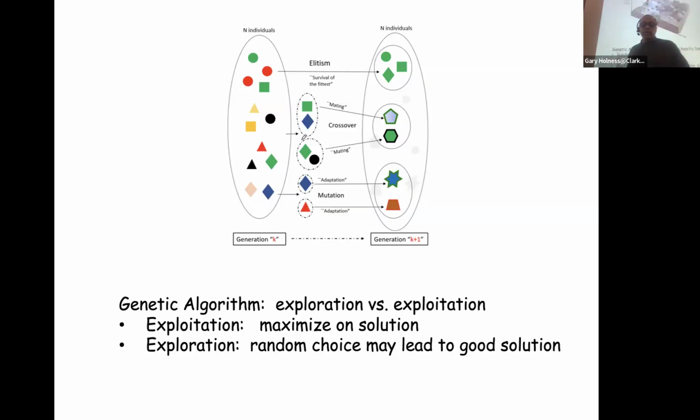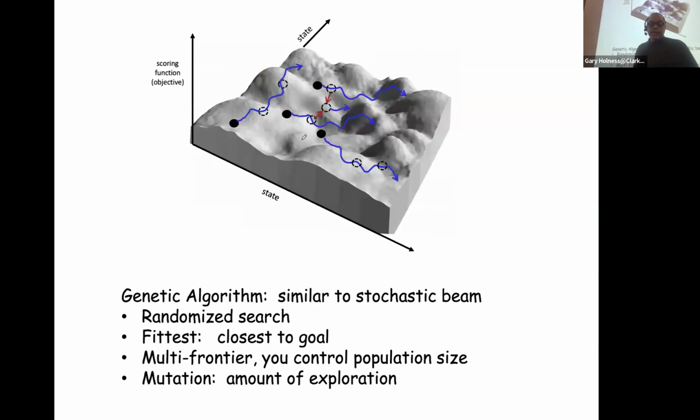And so with genetic algorithms, we think of this as a kind of multi-frontier search. It's similar to stochastic beam search. You initialize a bunch of randomly selected states, and then you perform this elitist selection, the top K of them, and then you do your crossover. And I tried to visualize crossover here.